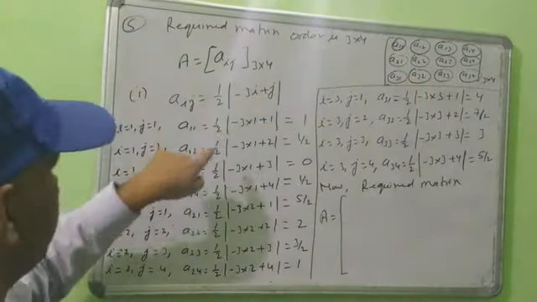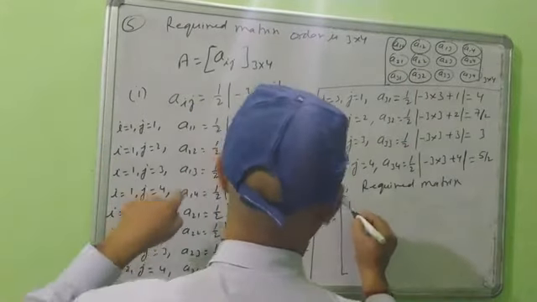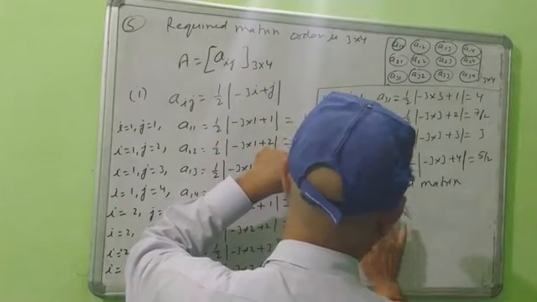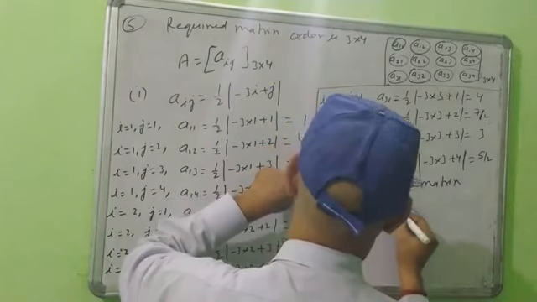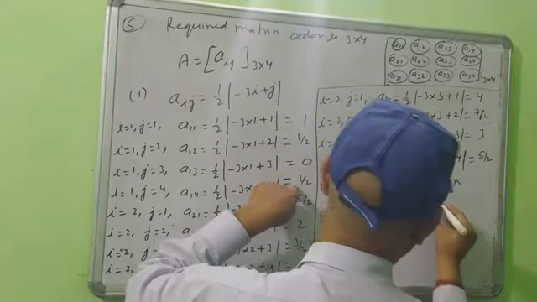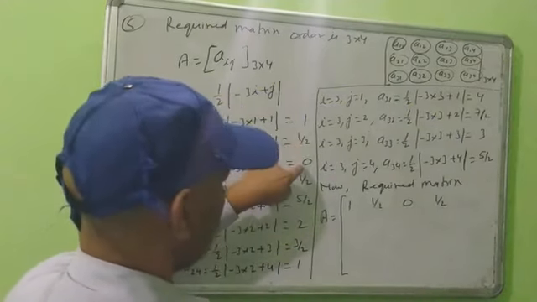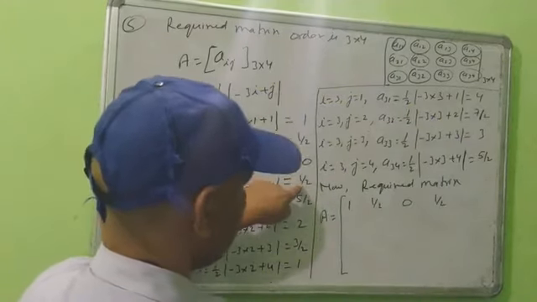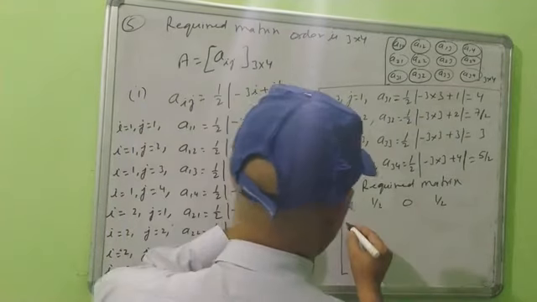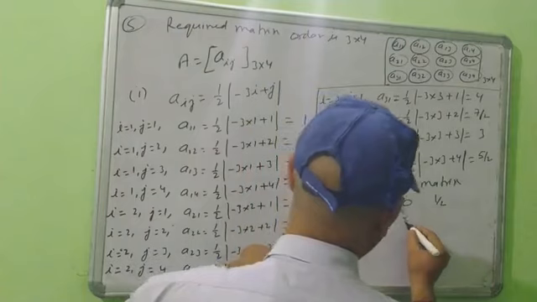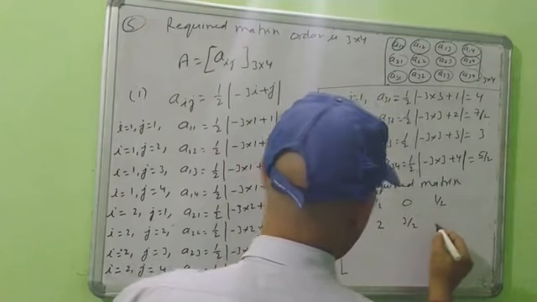First, a11 is 1, a12 is 1 by 2, next here 0, and next here 1 by 2. These are a11, a12, a13, and a14. Next here 5 by 2, 2, and 3 by 2. Next here 1.